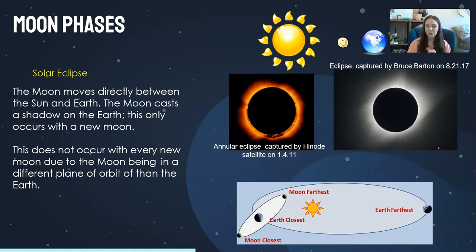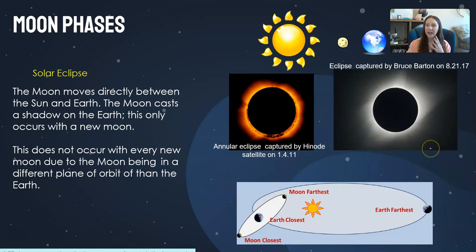This is what happens when the new moon, so the one that we can't see because the wrong side of it is being lit up by the sun, creeps in line between us and the sun and it starts to block out the sun. Okay, and so that would be a solar eclipse.